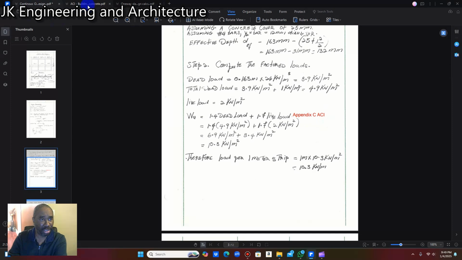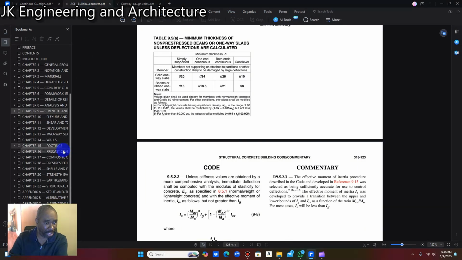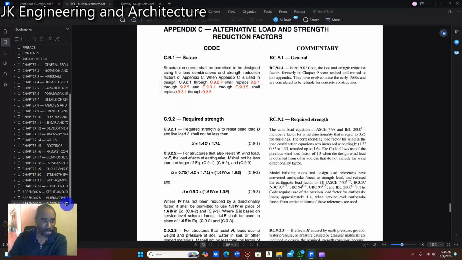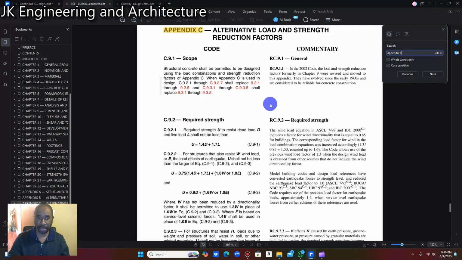All right, so let me do a quick demonstration of that. So if you go to Appendix C here, or we could do Control Find, Appendix C, right.